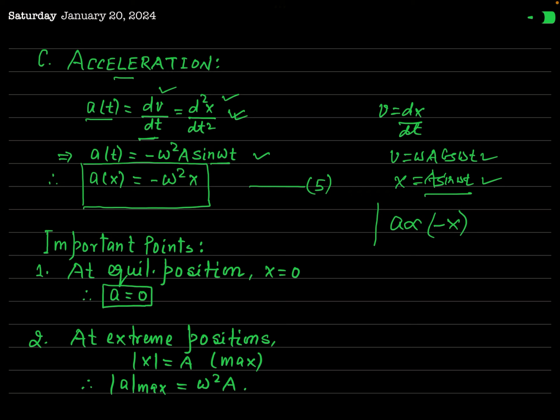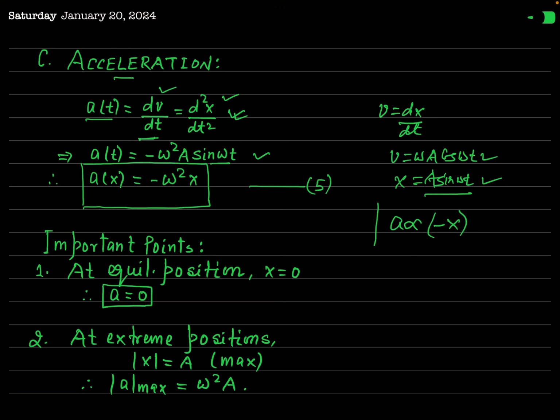This result also implies that acceleration is always directed opposite to the displacement, as I told you during the discussion on displacement. So a proportional to minus x is the necessary and sufficient condition for the motion of a particle to be simple harmonic motion.